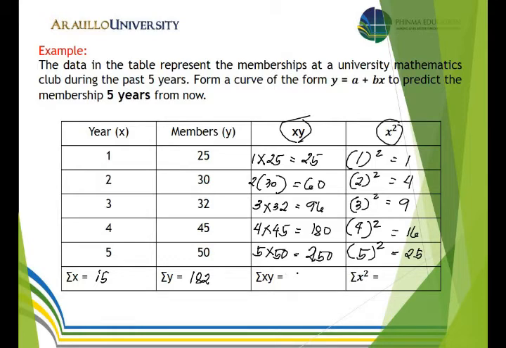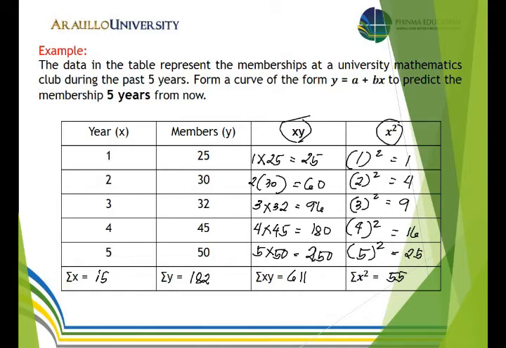Summation of xy: 25 plus 60 plus 96 plus 180 plus 250 is 611. Summation of x squared: 1 plus 4 plus 9 plus 16 plus 25 is equal to 55. So we have summation of x is 15, summation of y is 182, summation of xy is 611, and summation of x squared is 55.